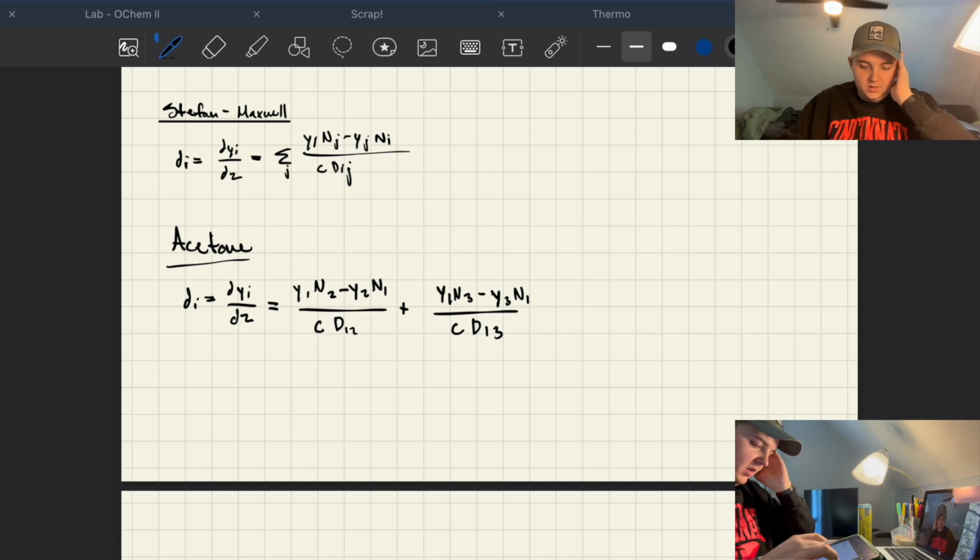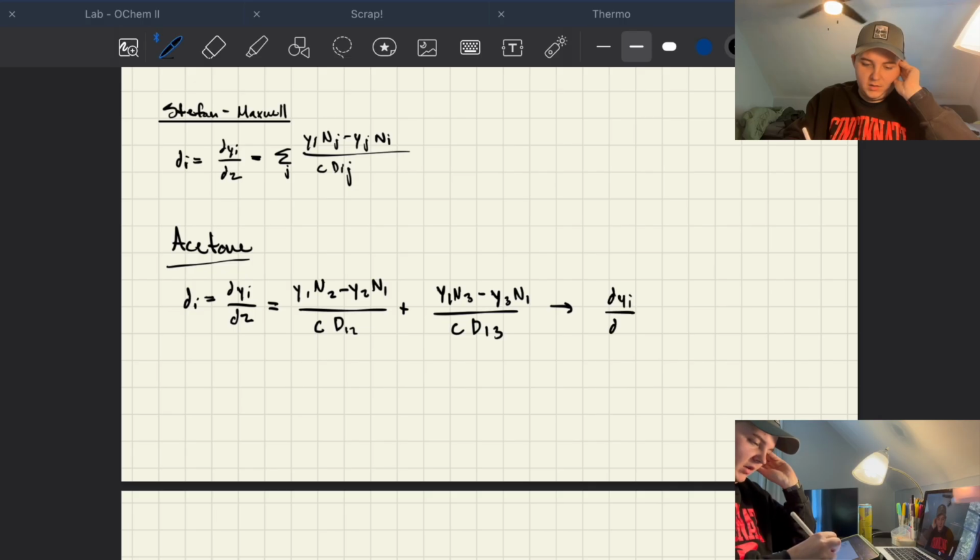So once we do that, everything on the right is going to stay the same, I think. So we're just going to have dy1 over dz, because we're going to have to multiply by dz over d, and then we'll get that equal to our length, which I don't even know if we'll use our length, but we'll put it there.